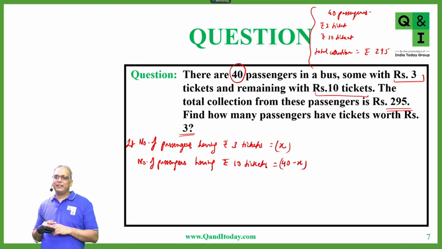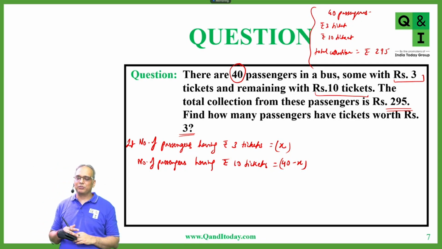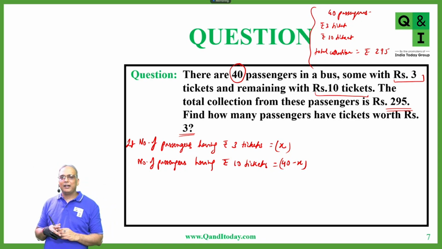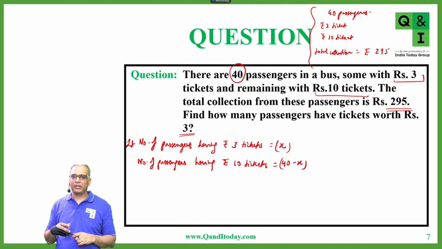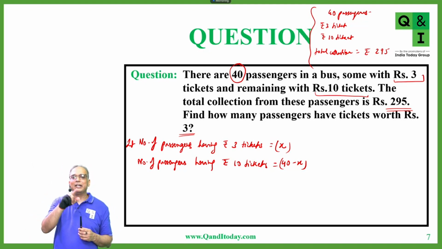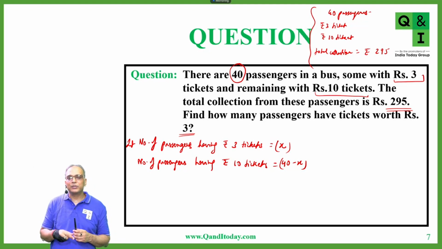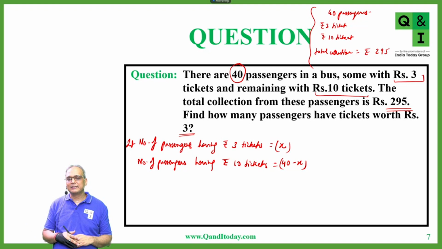Let's say 40 students from school are going to this amusement park. Some students bought the 300 rupee ticket and some bought the 500 rupee ticket. We have to find how many bought each. So what will you do? You multiply 300 with the number of students who bought the 300 rupee ticket, which gives the amount paid for those tickets.